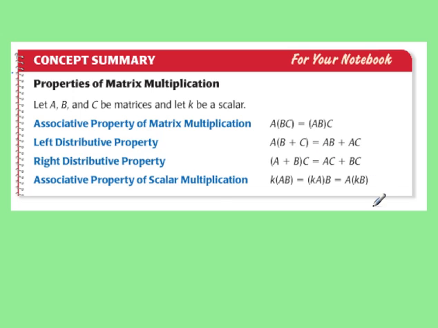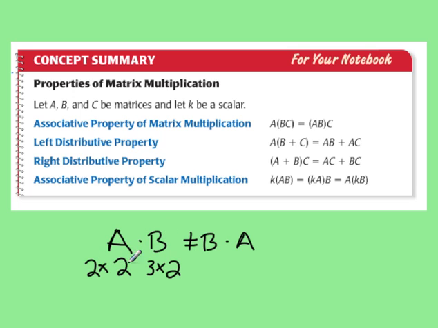It does matter what order you multiply in, okay? If I say, can you multiply A times B? That doesn't always mean that you can do B times A. For example, let's say A is a 2 by 2 and B is a 3 by 2. You can see here A times B, you can't do that because these two inside numbers are not the same.